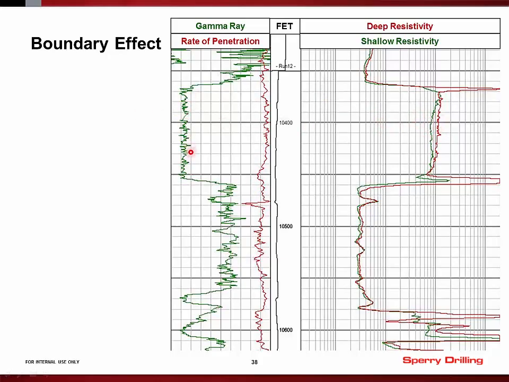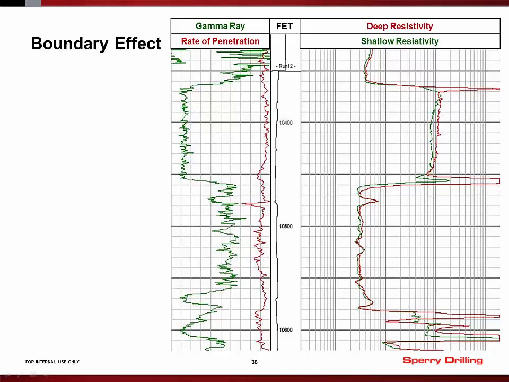This looks like a sandstone formation, probably a reservoir interval, and we've gone from that into a shale, which is higher gamma ray and lower resistivity. In fact, on both sides of the reservoir section you have low resistivity shales, and we're crossing this interval at about 78 degrees inclination, so quite a high angle.